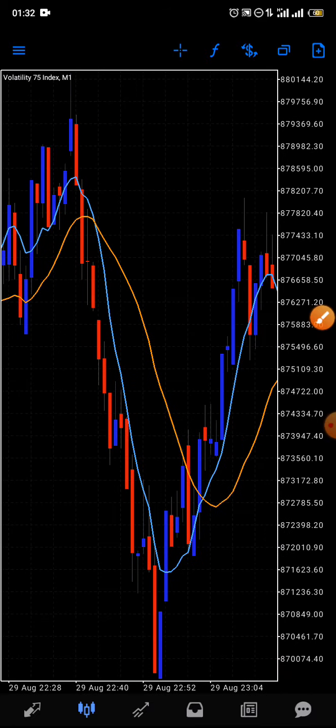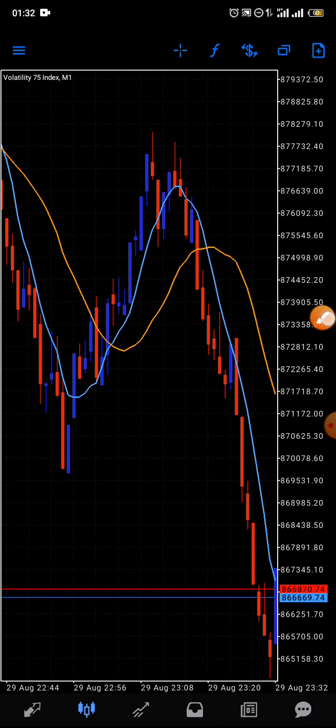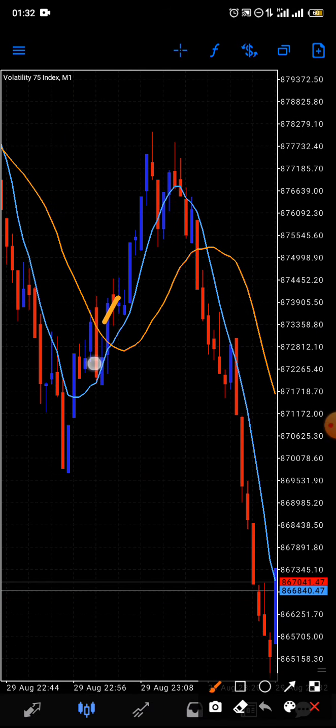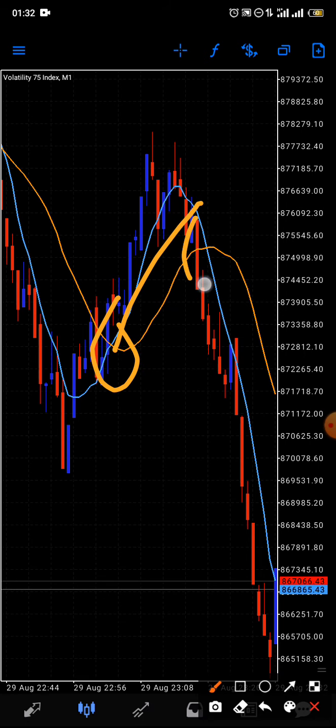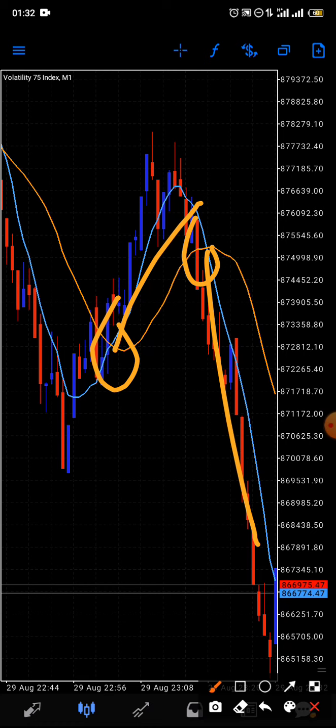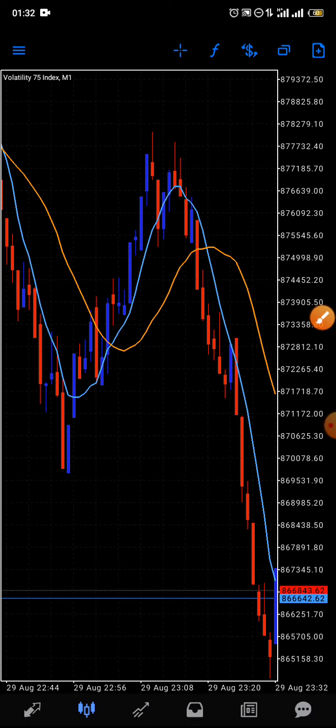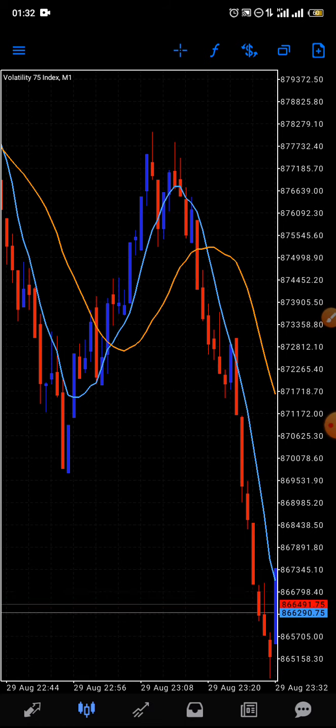Okay, let's keep on checking. You can see after it crossed again, you can notice the bullish movement, then it crosses again, the bearish movement. So what you should take note of, after every crossing, the chart is more likely to change direction immediately.